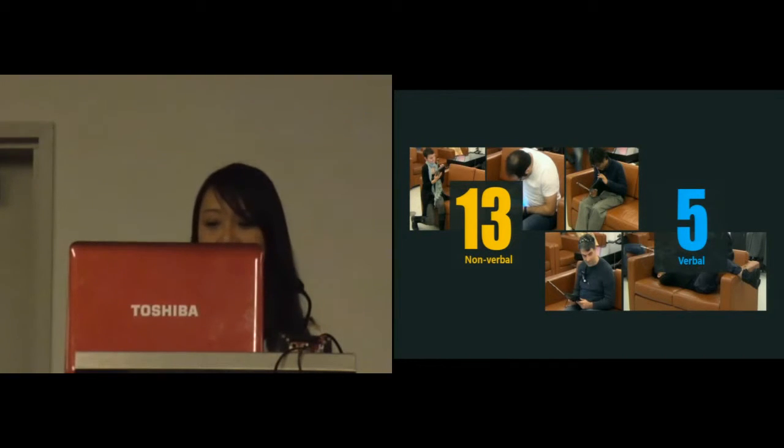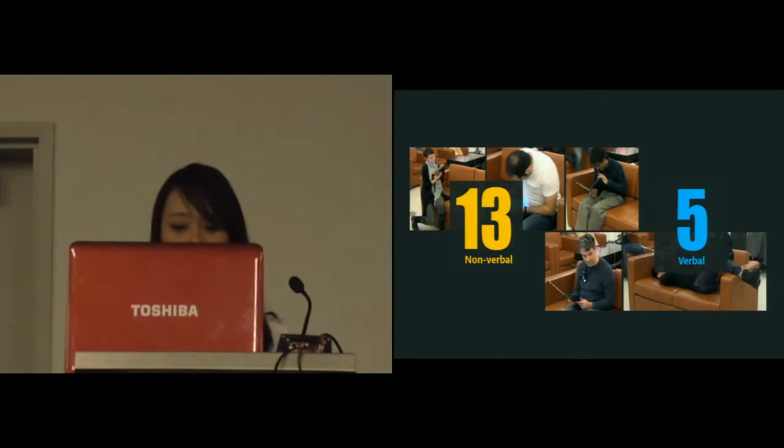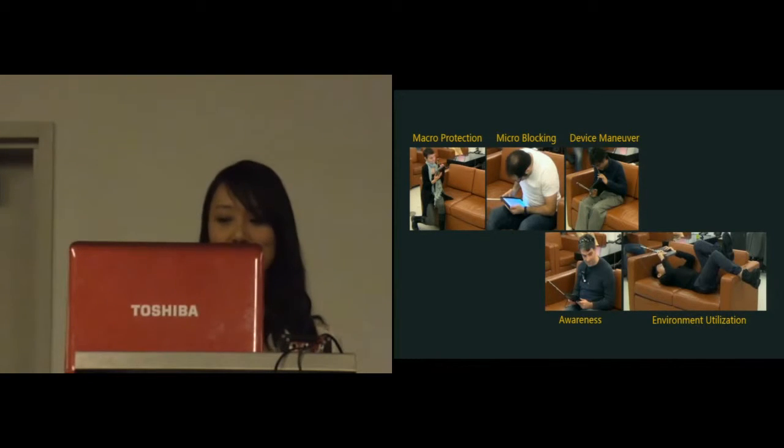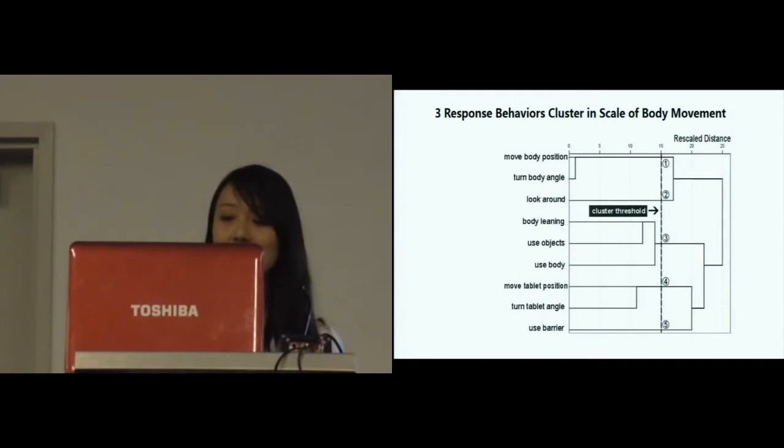Using hierarchical cluster analysis, we categorize the nonverbal behaviors observed in the game into 5 categories. The top 3 are response behaviors. These behavior clusters seem to vary in terms of scale of body movement.